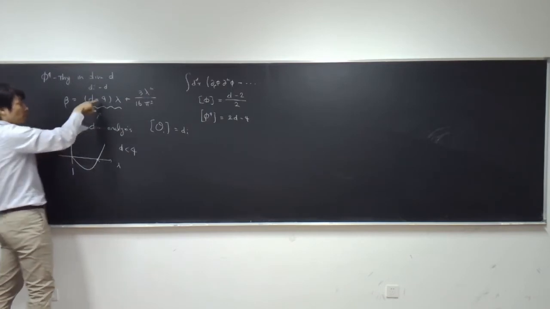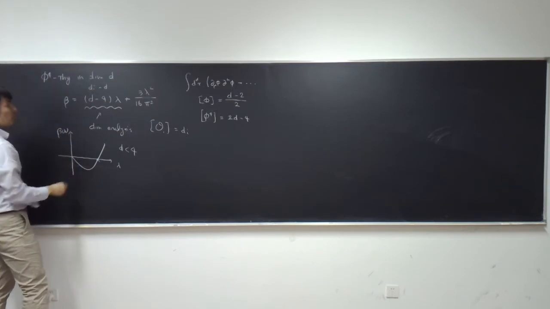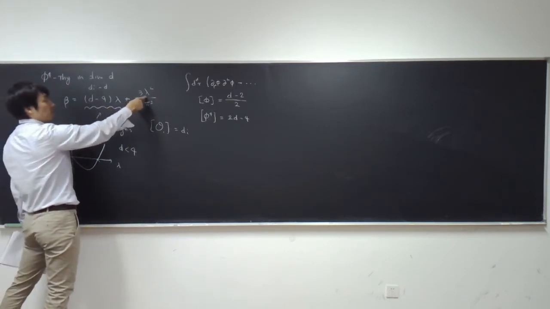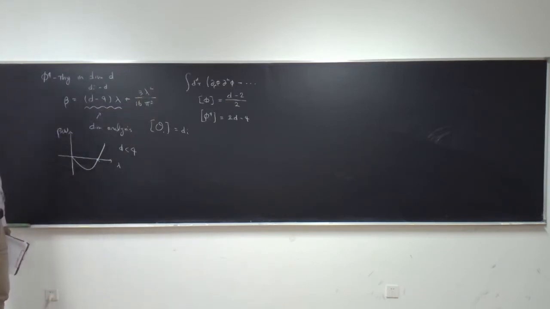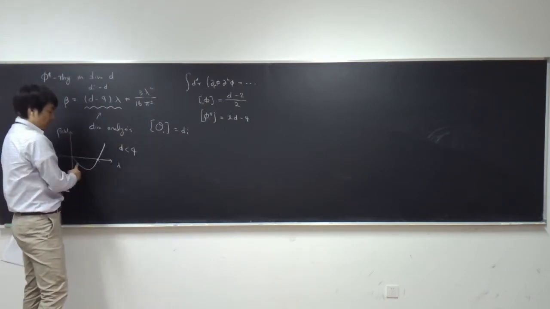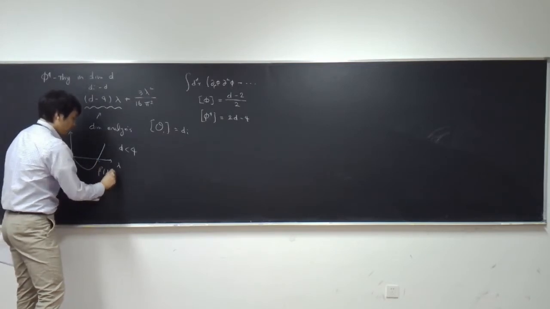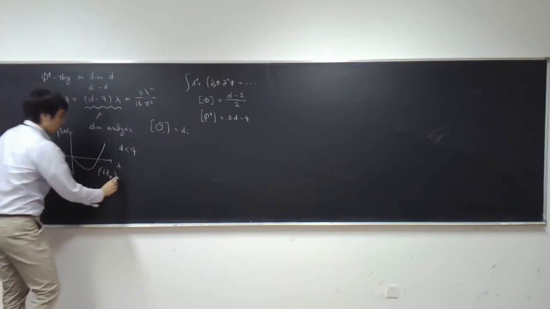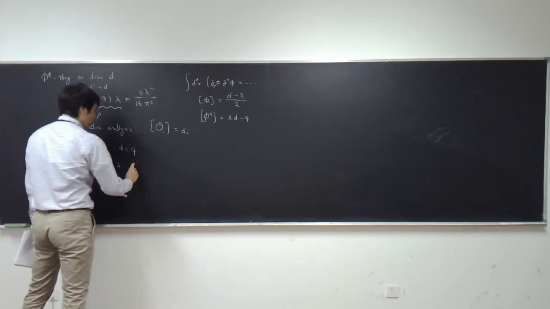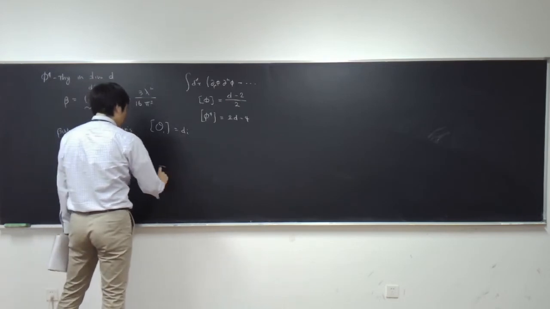But if the absolute value of lambda increases, the second term becomes dominant, so the curve bends and hits 0. This is lambda star, where beta of lambda star is equal to 0, and it is called the Wilson-Fisher point.